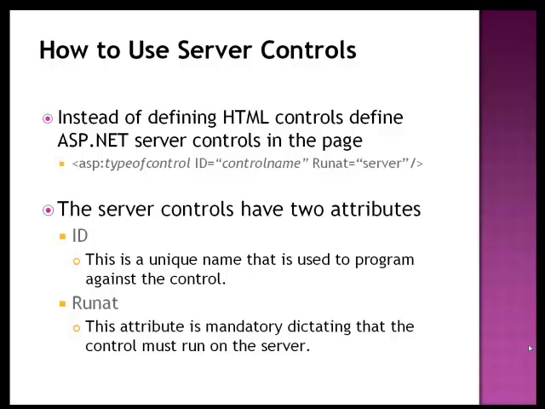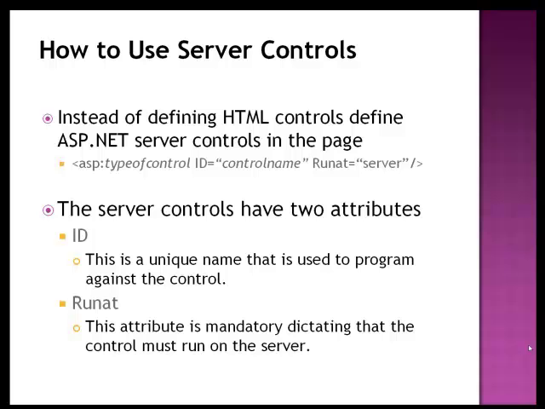These controls have two attributes, as you see here. The ID attribute is a unique name that you have to assign to identify a control on your page. And then when you are in your program, you can program against this ID.